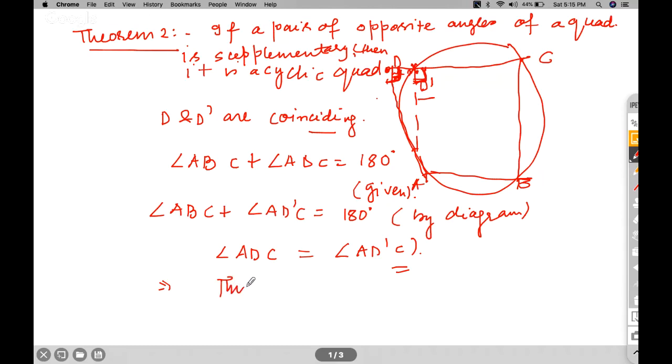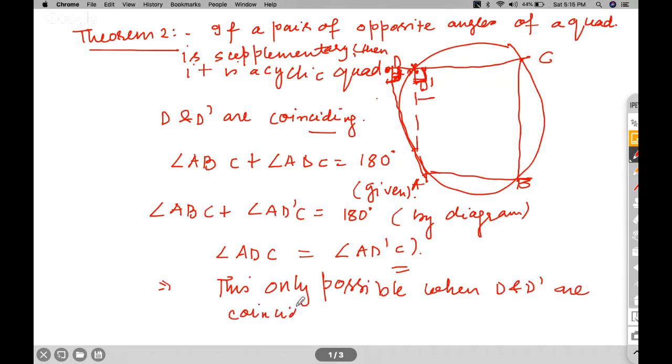This is only possible when D and D dash are coinciding. So I have proved that all ABCD are falling on the circumference, hence it is a cyclic quadrilateral.